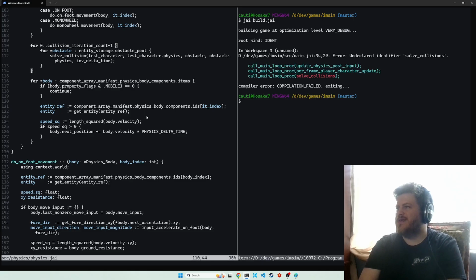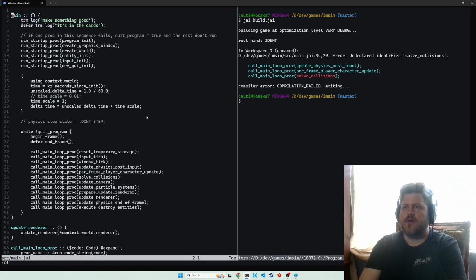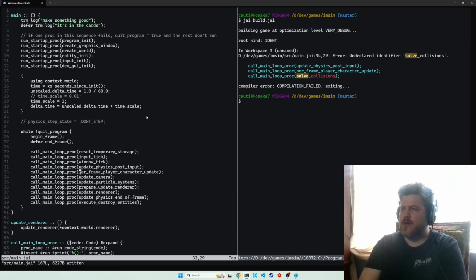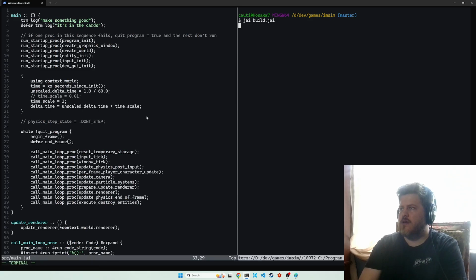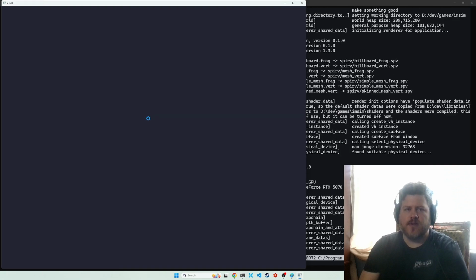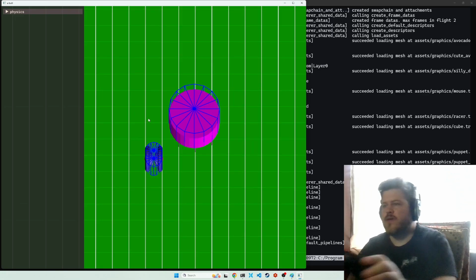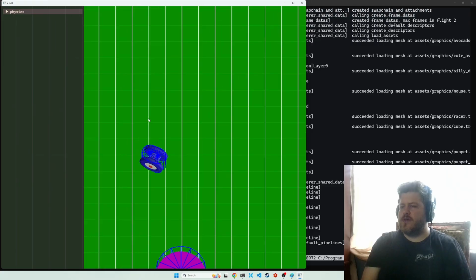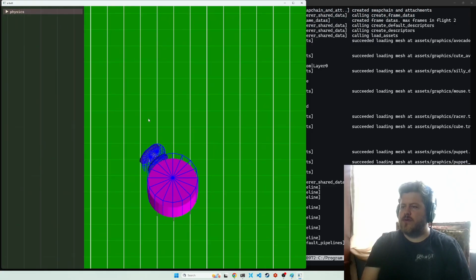And then solve collisions is no longer a procedure. That is true. That doesn't go on there. Okay. Oops. Solve, please. Solve. There we go. So run, it runs. Hey, nice. Okay. So, is it going to collide though?